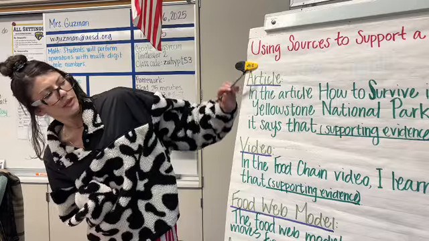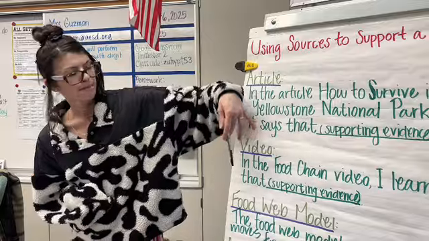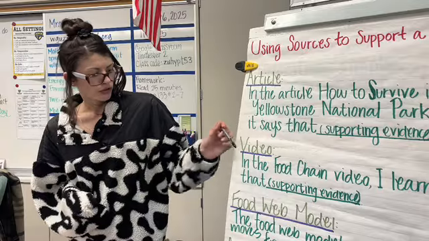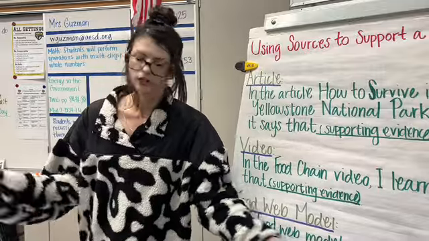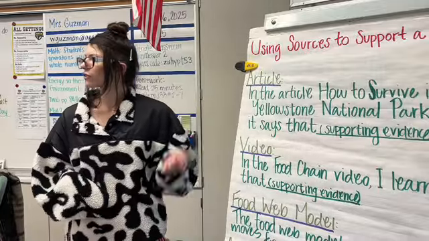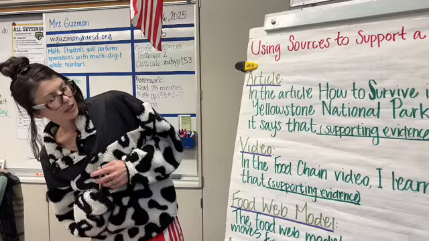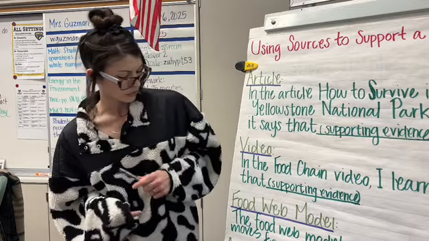And you'll set it up just like this. Like in the food chain video, I learned that, and then you would say that. Or the food web model shows energy moves from here to there, right? So you don't have to use these sentence frames, but you can, and they are set up in a way that will make things flow more smoothly for you.